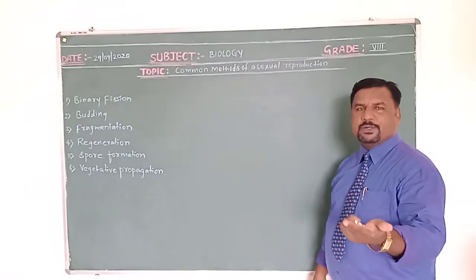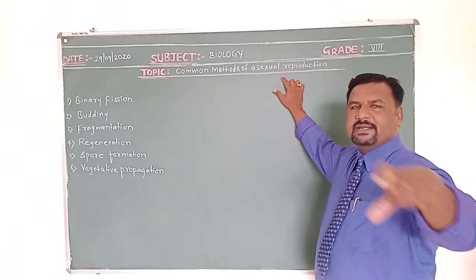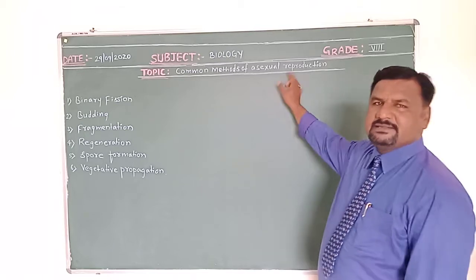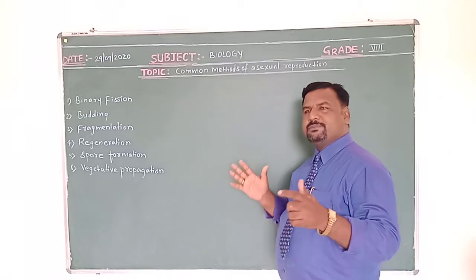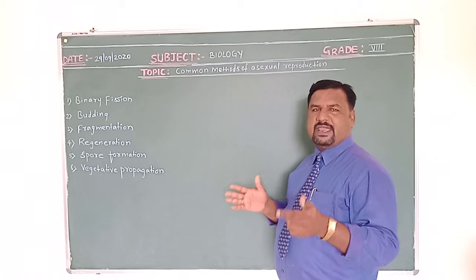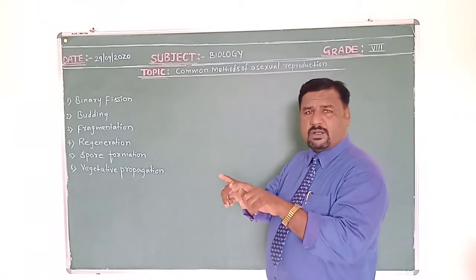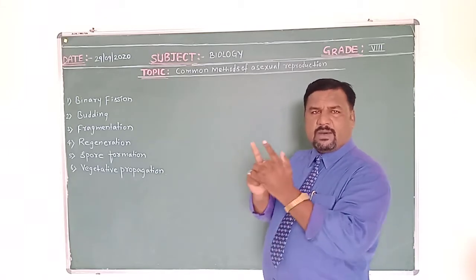When we compare the offsprings produced by asexual reproduction, they will be identical. They look like their parents. Whereas during sexual reproduction, this does not take place. The offsprings may not look the same as their parents. So these are the differences. Sexual reproduction involves two parents; asexual reproduction involves only one parent.